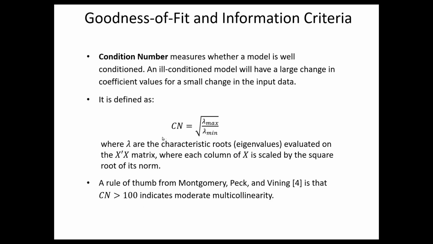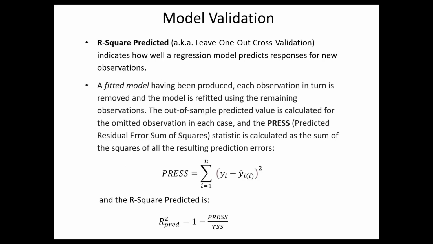So you want the condition number to be small, because that means you're going to have better variance inflation numbers in the individual parameters. So that's another overall metric that you can look at. Smaller is better. Smaller means less multicollinearity. And obviously, if it's a designed experiment, or an orthogonal design, I should say, the condition number will be 1.